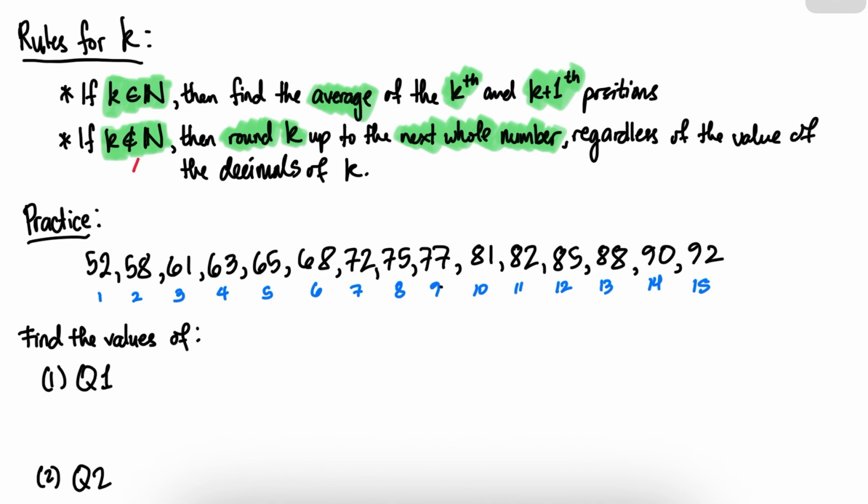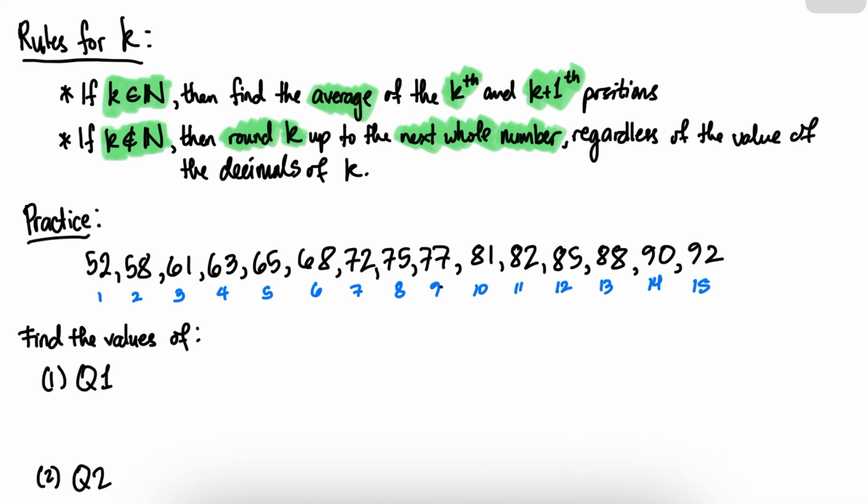However, if k is not an integer, not a counting number, then we need to round up the value of k to the next whole number. This is also called the ceiling value. So we need to round up regardless of the value of the decimals of k. Usually our rules for rounding only round up if the digit to the right is 5 or more. But in this case, we get the ceiling value and round up regardless of the decimal, even if it's 0.01 or 0.002.